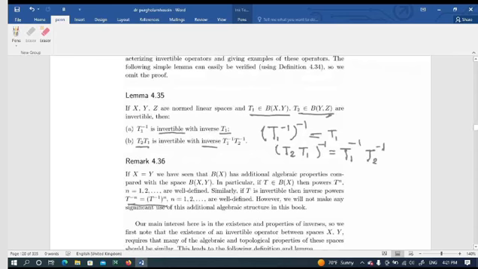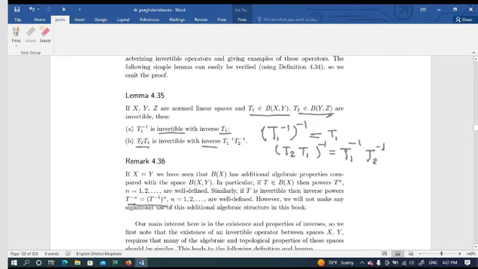Another lemma: let X, Y, Z be normed linear spaces, and T1 belongs to B of X and Y, T2 belongs to B of Y and Z, and they are invertible.